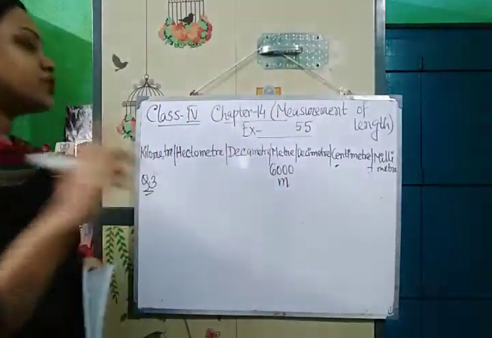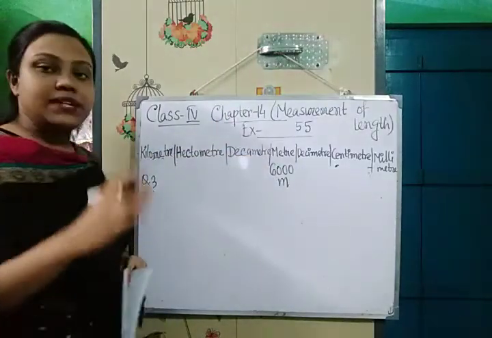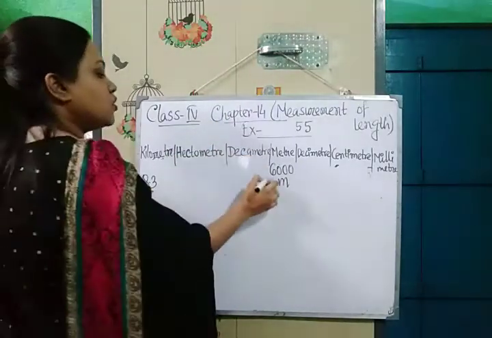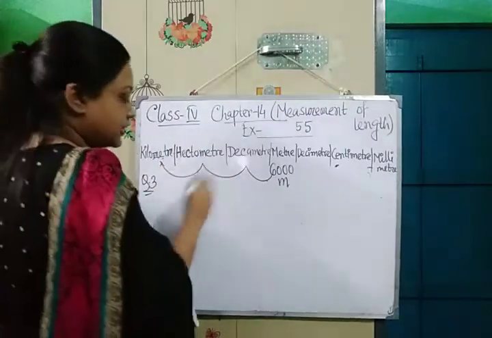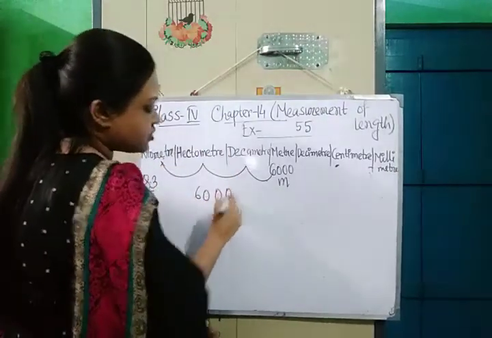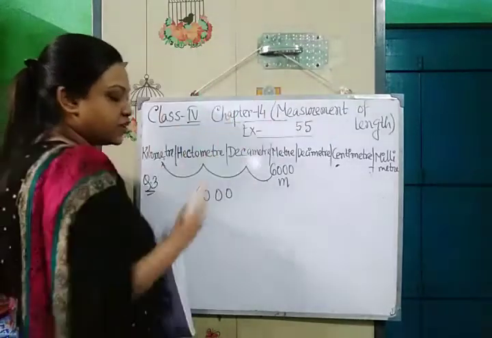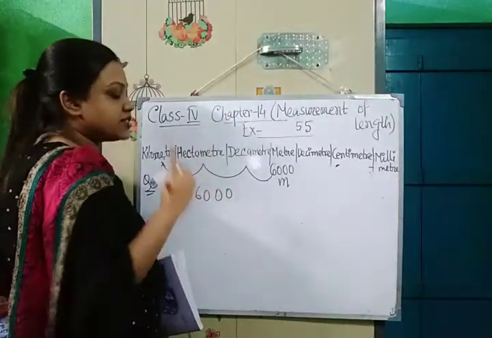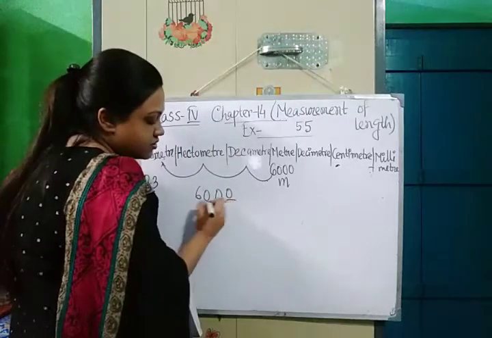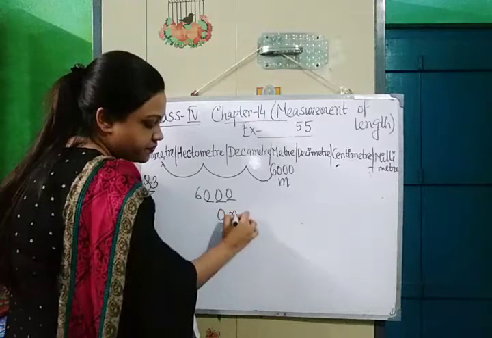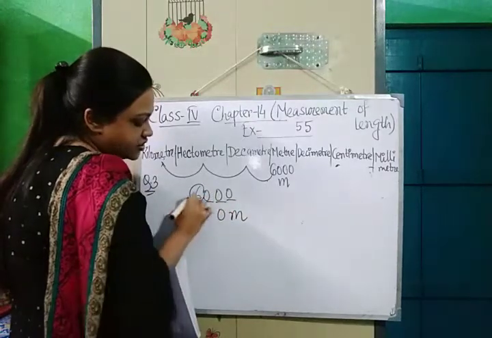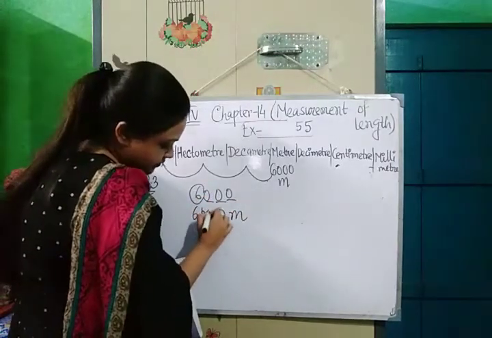From meter to kilometer, how many places are we moving to the left? 1, 2, 3 places. So we will take 3 zeros from the end of the number. 3 digits, 0, 0, 0. It will be meter, and the remaining number will be kilometer.